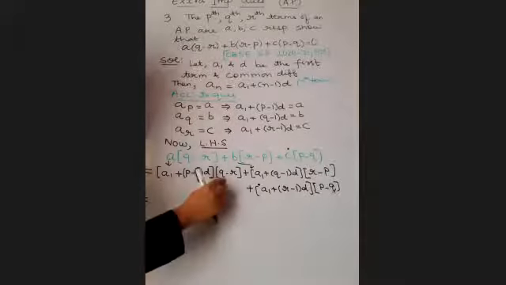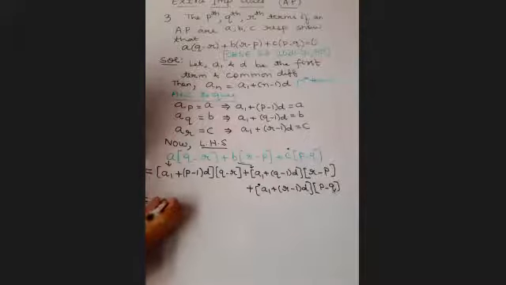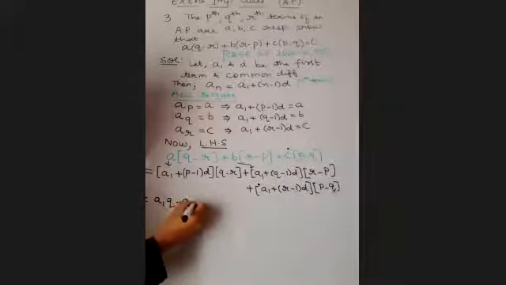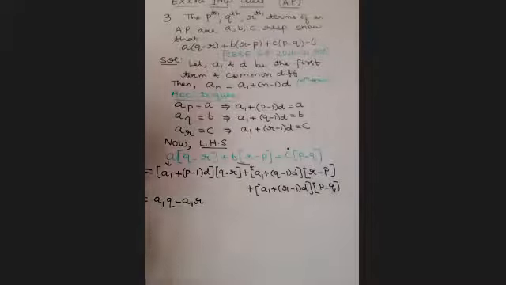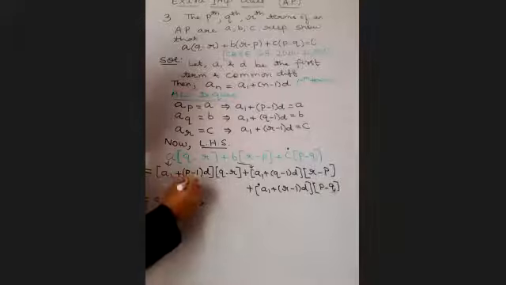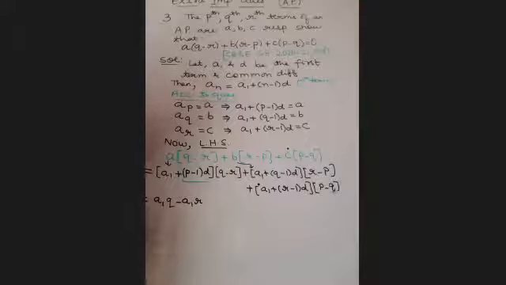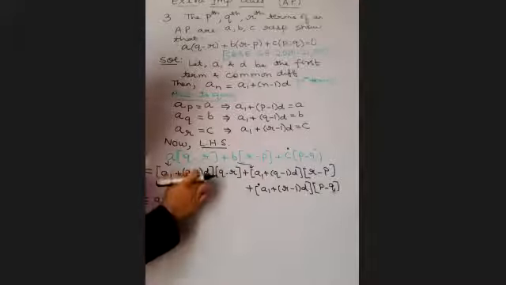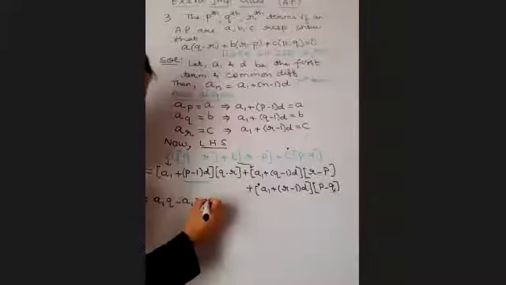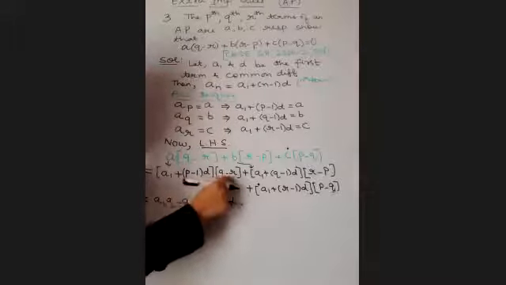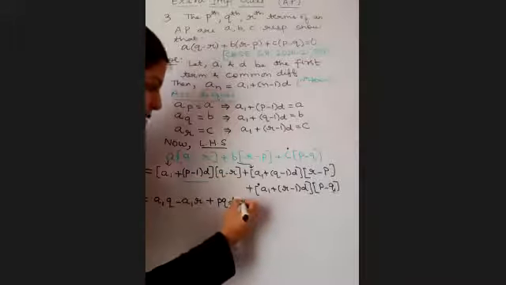So a1 into q, a1q. a1 into minus r, so minus a1r. Now here in the bracket, we have to be a little more careful. It is (p minus 1) into d. Orally, we know p into d gives me pd. So pd multiplied by q will be pqd, and pd multiplied by minus r gives minus prd. Clear?